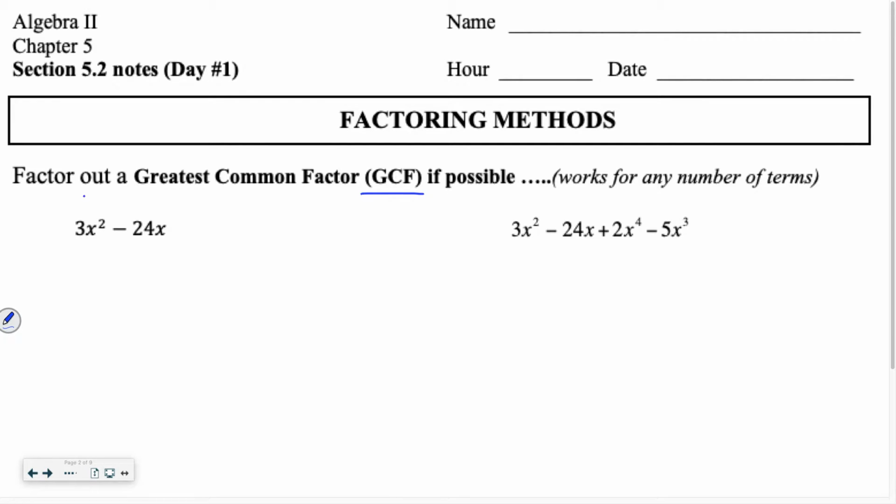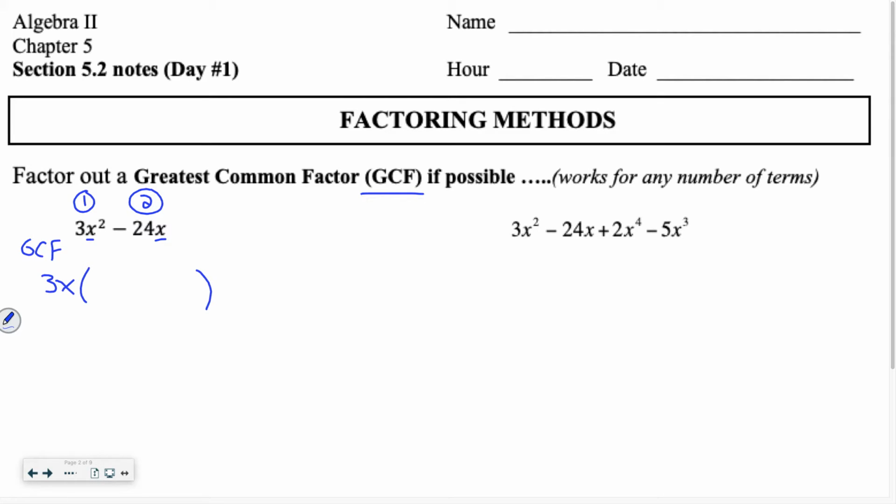So we have two terms, 3x squared and 24x. So we can divide 3 and 24 by 3. So our GCF will come out front, which is 3. And both these terms also have an x we can take away. So the x will also come in front because they have an x in common. It's something they both have.